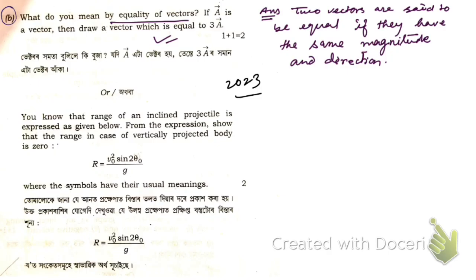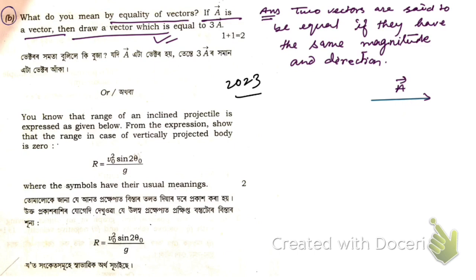Then, draw a vector which is equal to vector 3a. If this is vector a, then 3 times vector a means you have to draw an arrow which is 3 times longer than this vector.